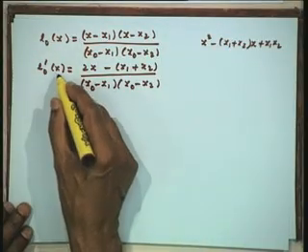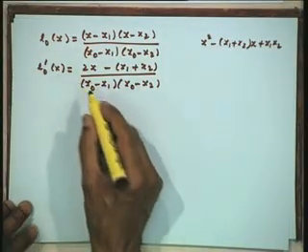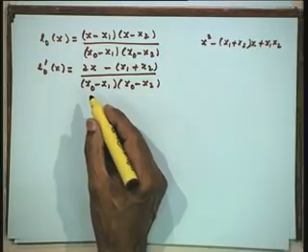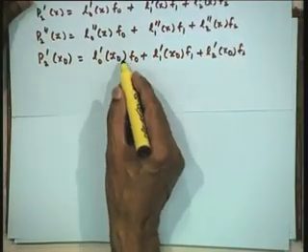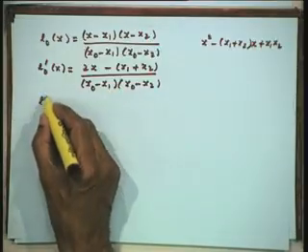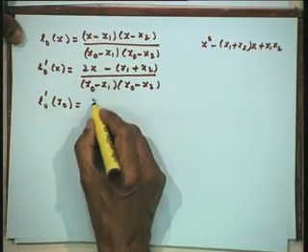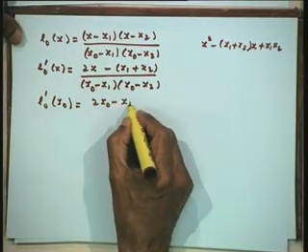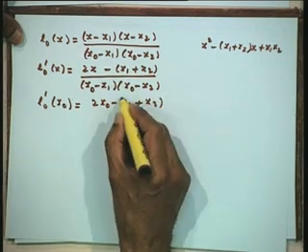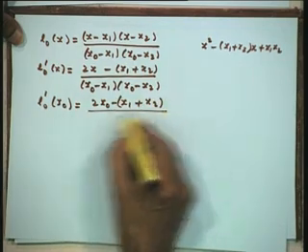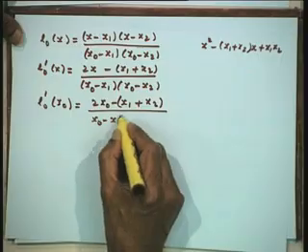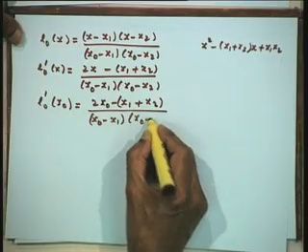Now, I can substitute x0 here and evaluate the first term that is required for us, that is L0 dash x0. So, L0 dash x0 is equal to 2 times x0 minus (x1 plus x2) divided by the same quantity (x0 minus x1)(x0 minus x2).